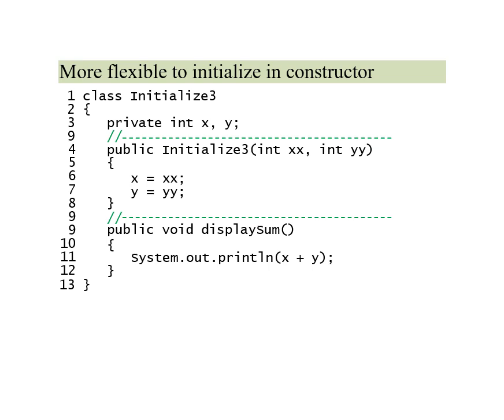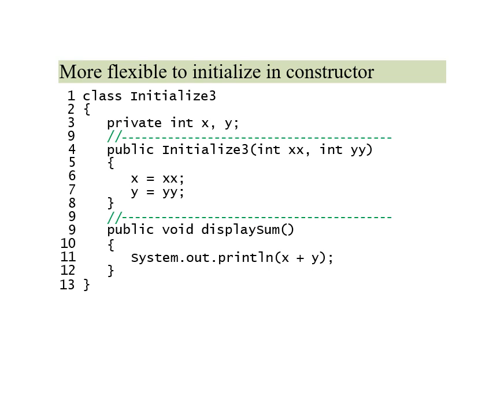Now let's see. If you use the constructor to initialize instance variables, then the class is more flexible. So here I parameterize the constructor Initialize3, right? The class name is Initialize3, so on line 4, that's the constructor, and I parameterize it. It has 2 parameters.